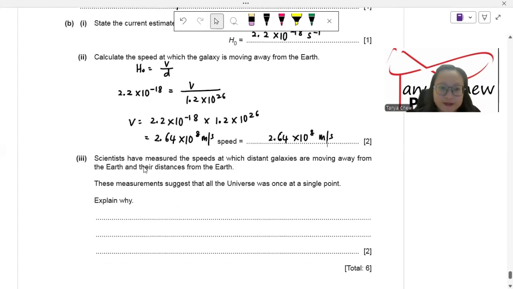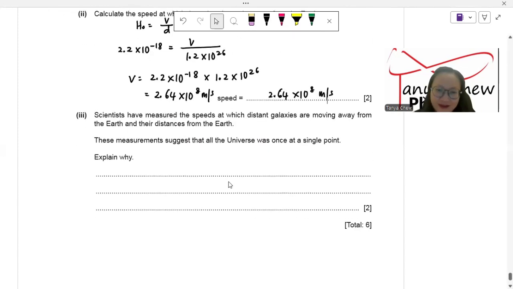Now, third, scientists have measured the speeds at which the distant galaxies are moving away from the Earth and their distances from the Earth. These measurements suggest that all the universe was once a single point. Explain why. Big Bang Theory, remember? The universe starts from a small point.